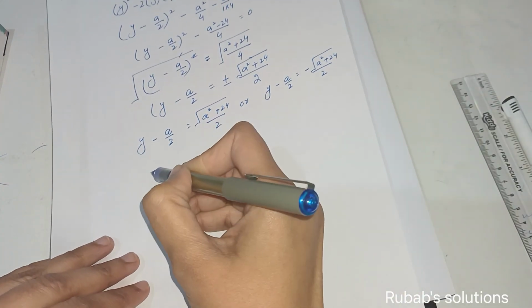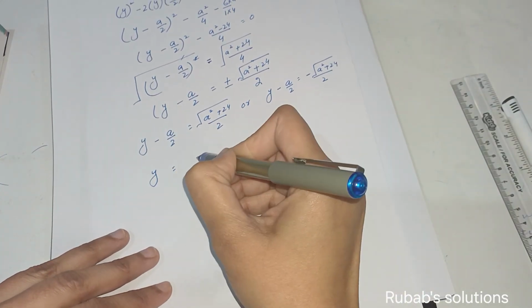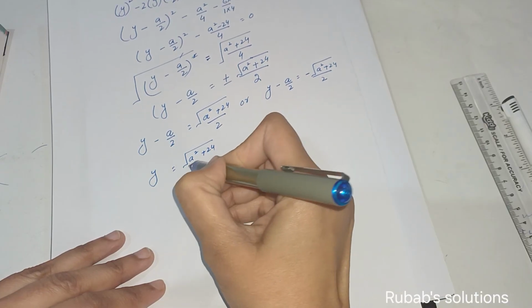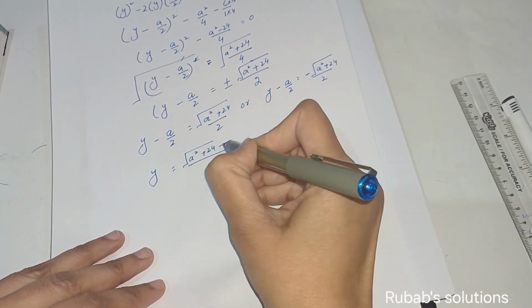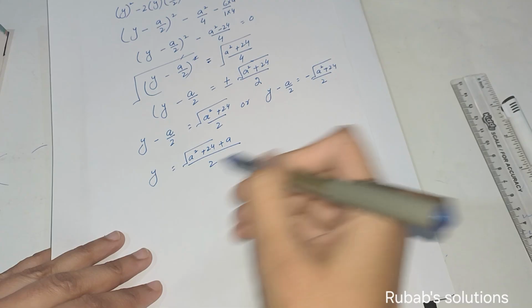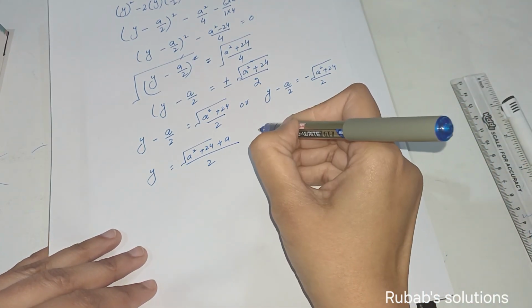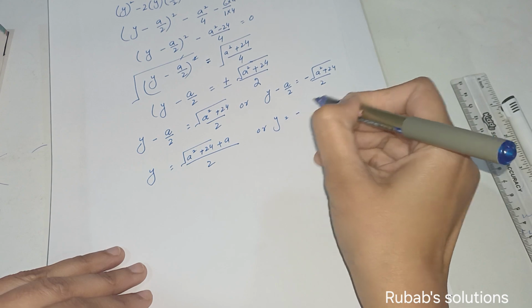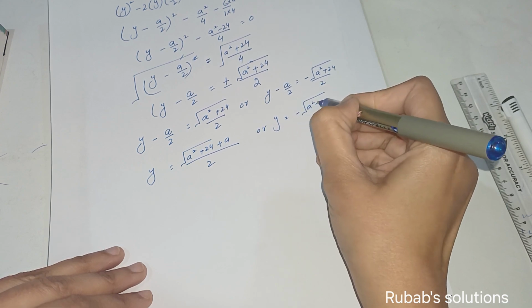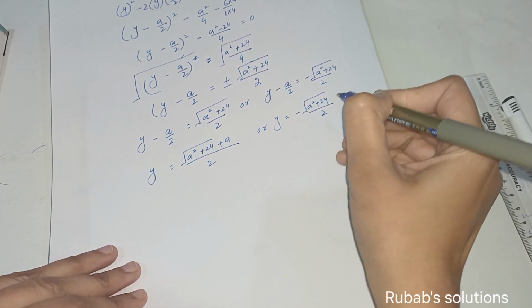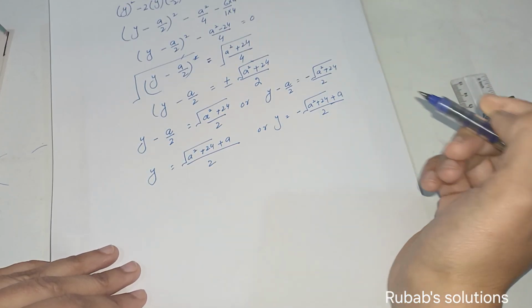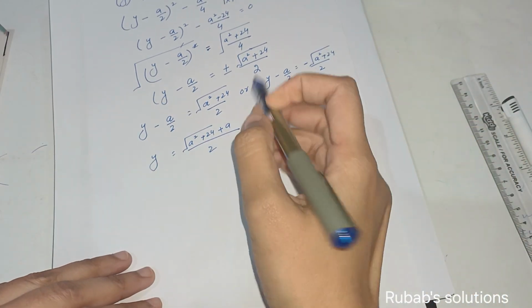So these terms will shift to the other side. It will become square root of a squared plus 24 by 2, and this a will come over here. I have taken the square root in one single term. Or y is equal to minus square root of a squared plus 24 by 2, and this will become plus a. Clear?